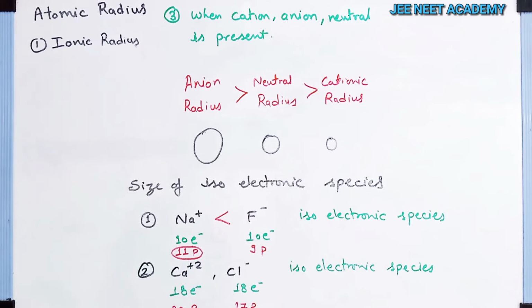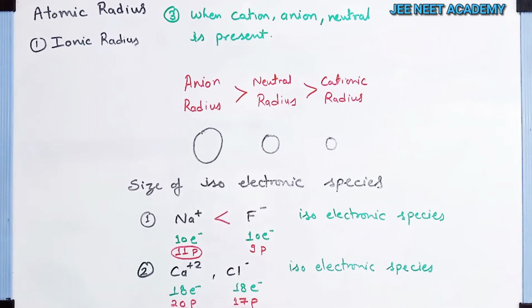And for this, 20 protons are attracting 18 electrons and 17 protons are attracting 18 electrons. So this can pull more powerfully. So the size will be less. So this is the size of isoelectronic species of ions.